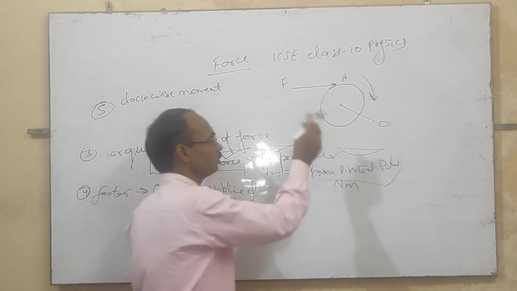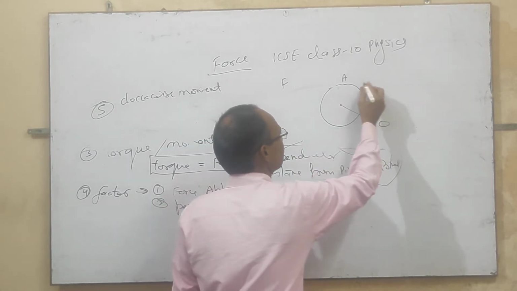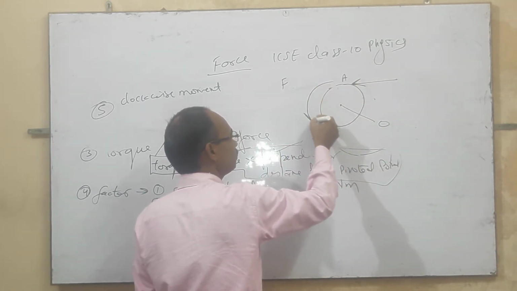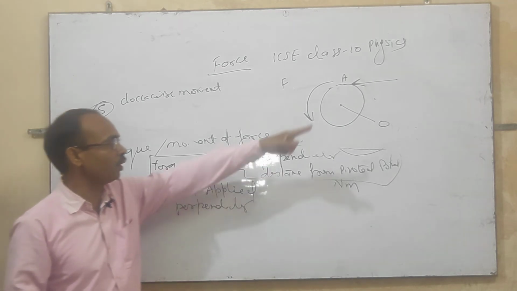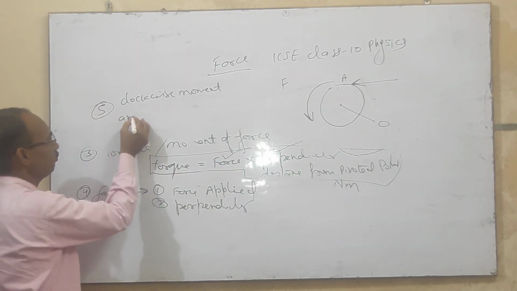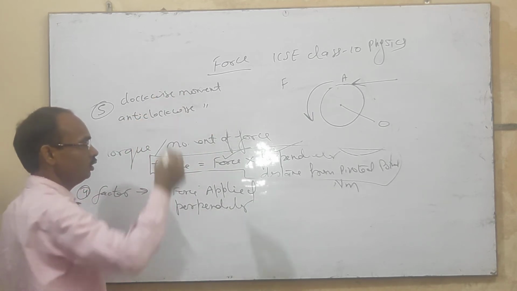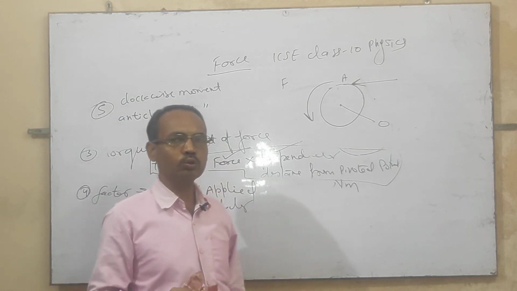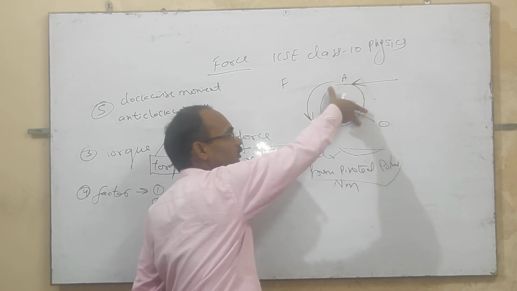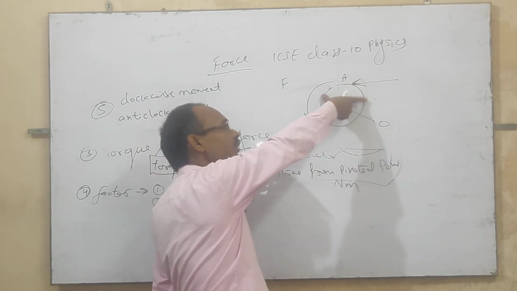And if this force is applied in this direction, then the body moves in this direction, known as anti-clockwise movement. You all know that there are two types of movement: clockwise movement if the body rotates in this direction, and anti-clockwise movement if the body rotates in this direction.